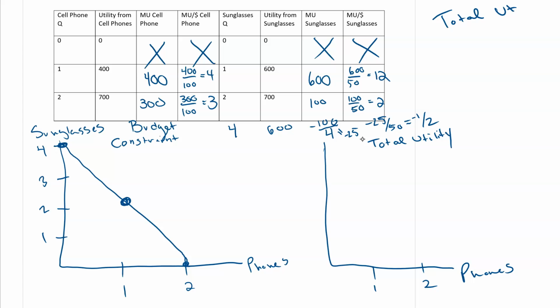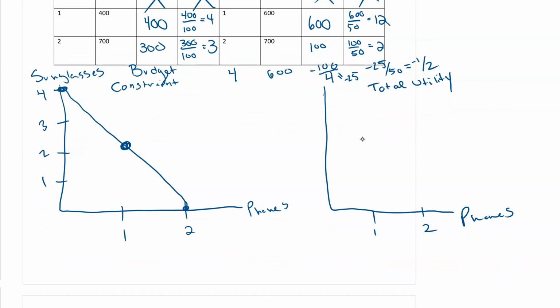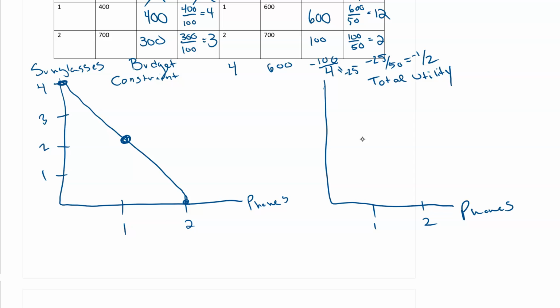So talking about phones, it would be 4, 2, and 0 for sunglasses.